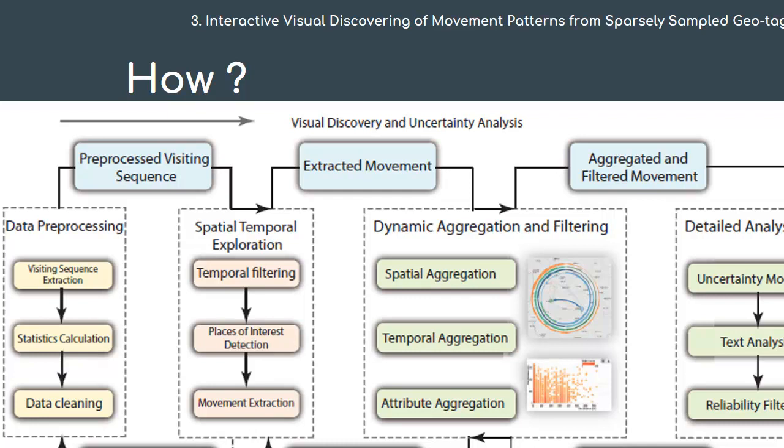In the second component, users can interactively explore this data, for example to identify places of interest. The third component is dynamic aggregation and filtering, where people can explore spatial aggregation, temporal aggregation, and attribute aggregation.